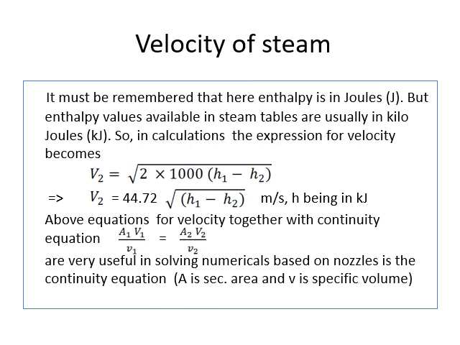Then if we take the numerical value of 2 into 1000 out of the square root, it becomes V2 equal to 44.72 into square root of (H1 minus H2). The value obtained will be in meter per second, where H is in kilojoules.